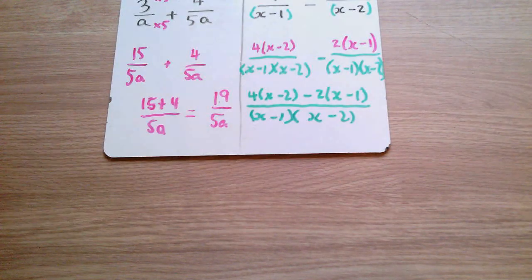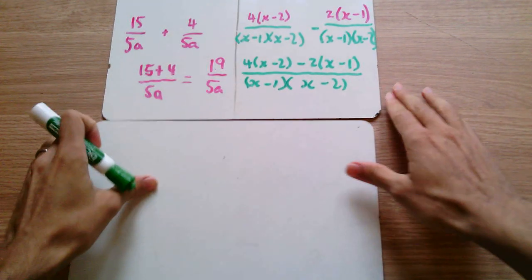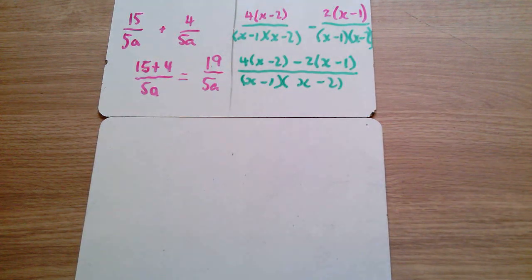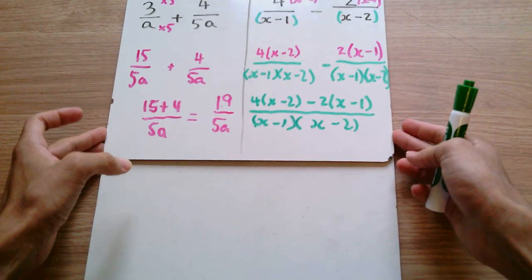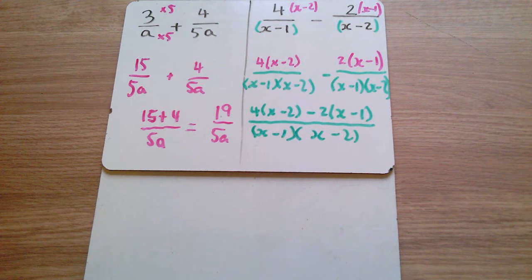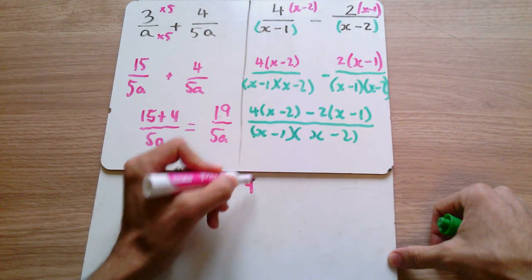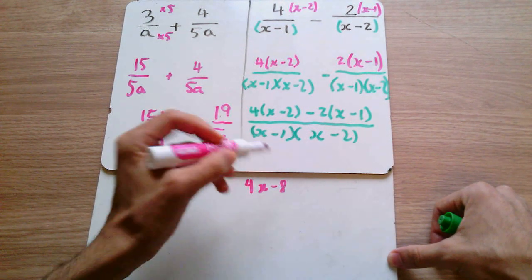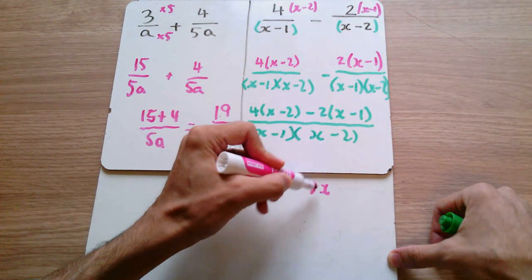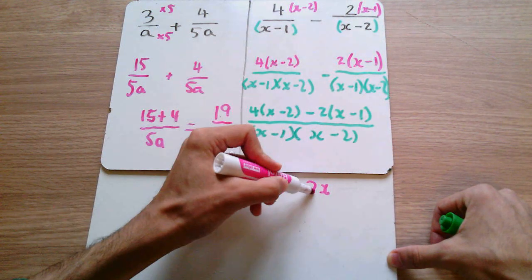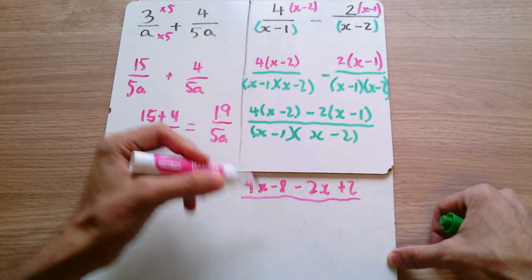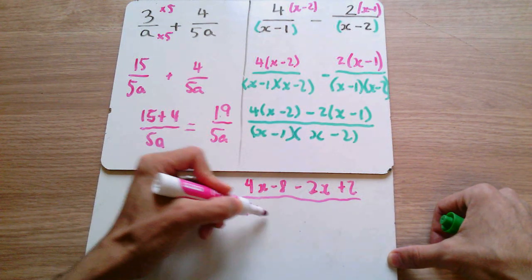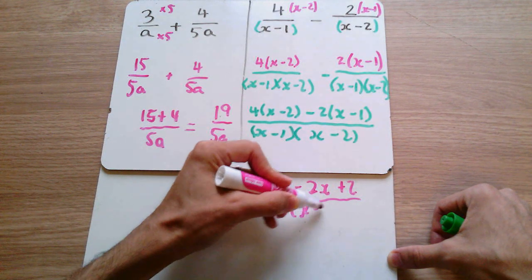Just looking underneath to continue on with a bit of extra space. So if we are expanding the numerator through, we will end up with 4x minus 8 minus 2x, and then minus 2 times minus 1 is plus 2, all over x minus 1 and x minus 2.